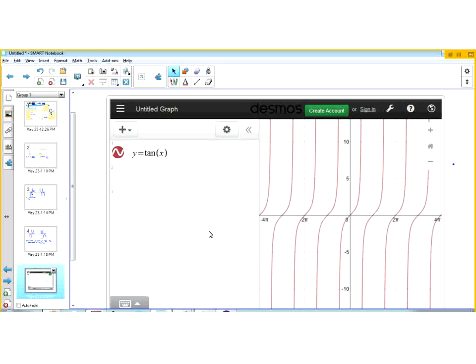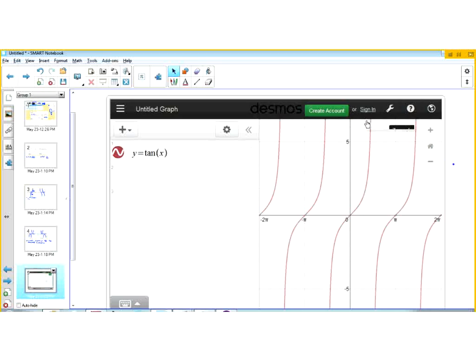All right, and so here's the graph of y equals tan x over several periods. Zoom in a bit. Now, suppose we want to graph the function y equals tan of 2x. All right, so let's attempt that.